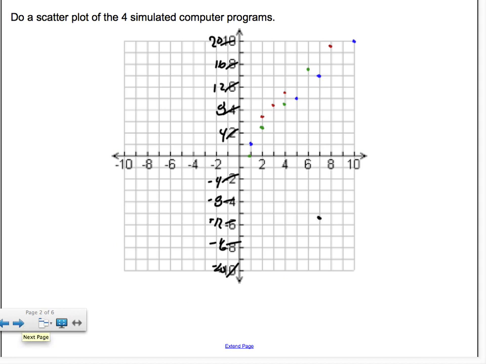What else do we have? 7, negative 11, 9, negative 15, 2, negative 1. Yeah. And 10, negative 17.